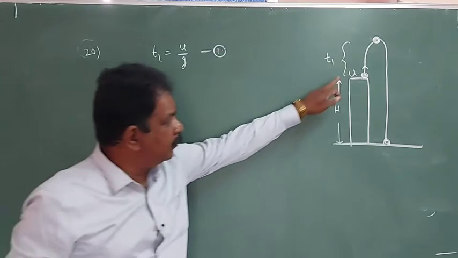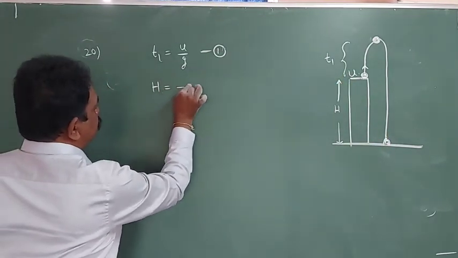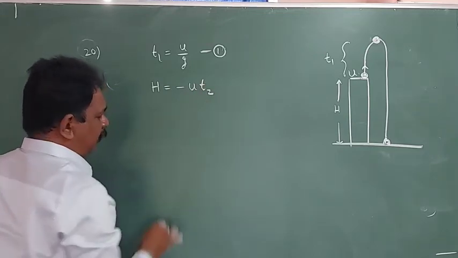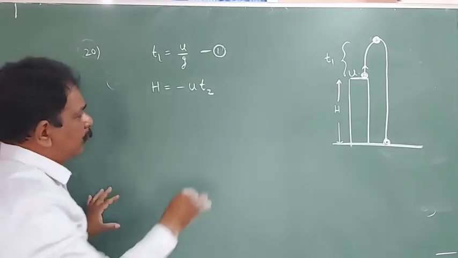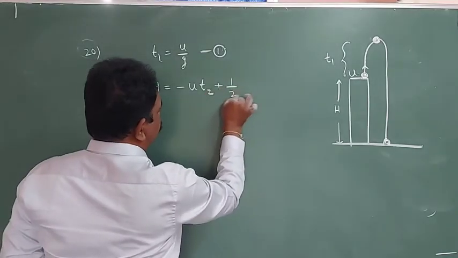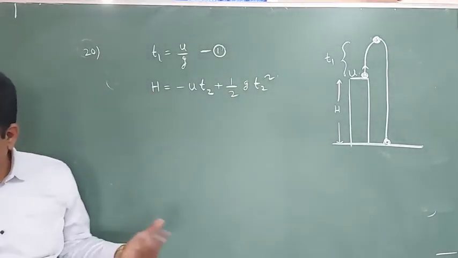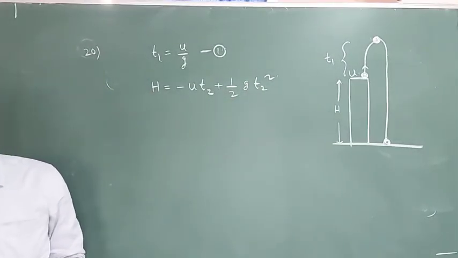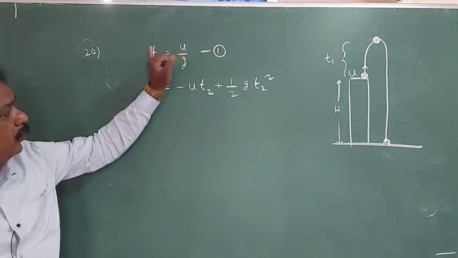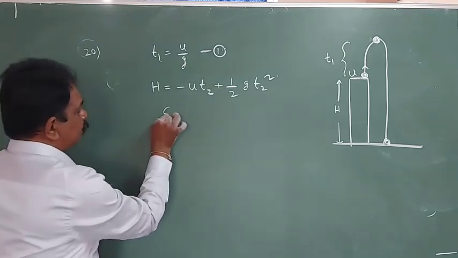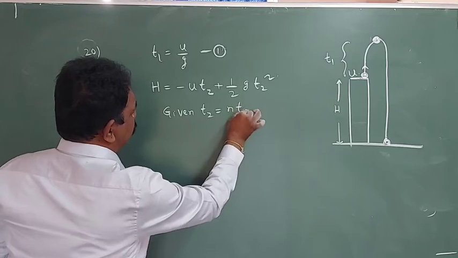Next, for this what will happen? h is equal to minus u t2 plus 1 by 2 g t2 square, assuming that time as t2, and they mentioned t2 is equal to n t1.